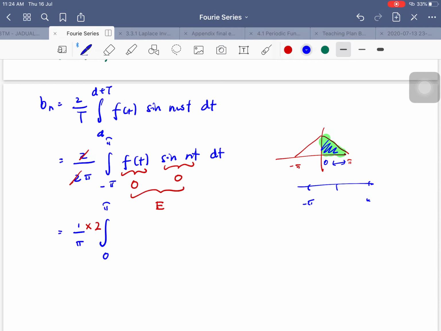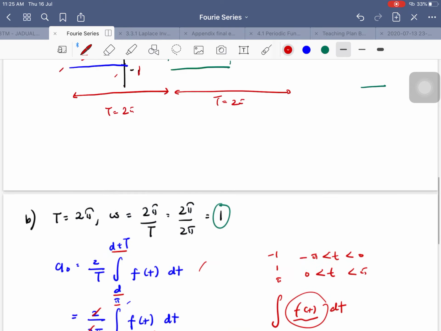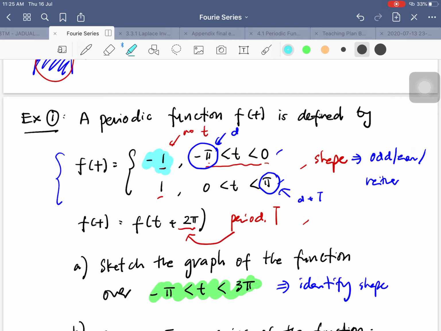So now we're going to start substituting f of t. My lower limit is 0, my upper limit is pi, meaning that the value of t covers from 0 until pi. If you look back at the function, I have two functions. My first function is -1, and the other function is 1. So which one should I pick, whether it's -1 or 1?